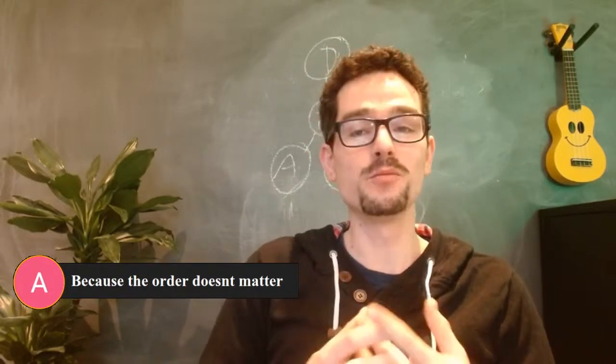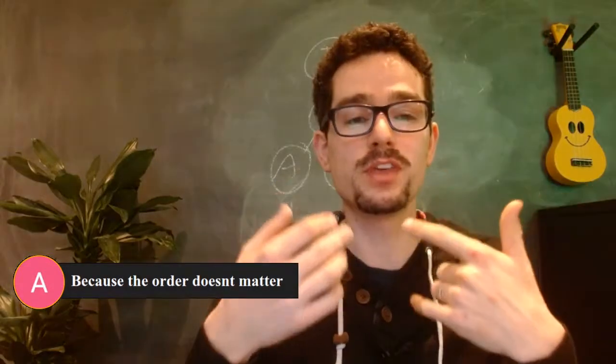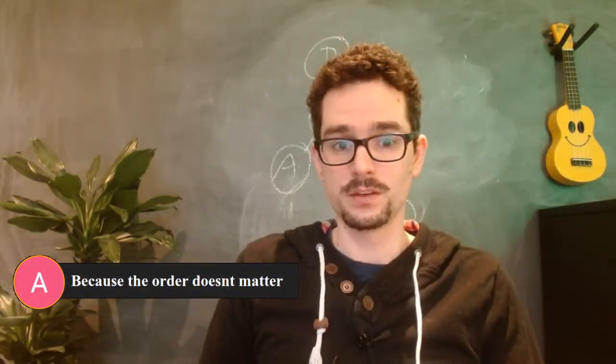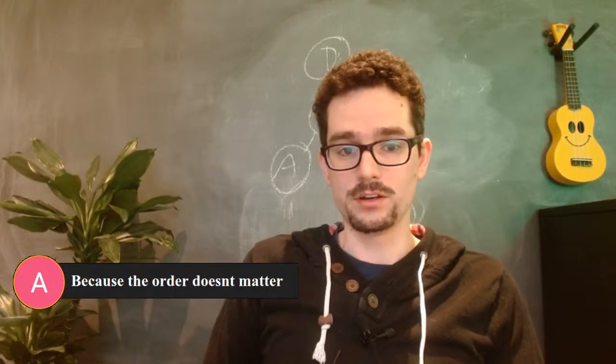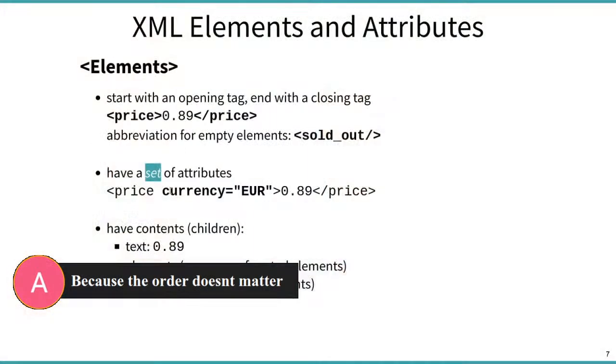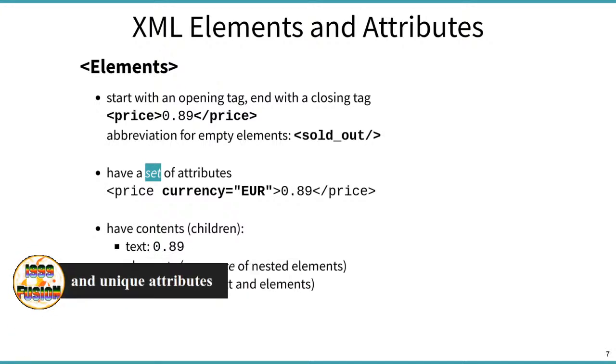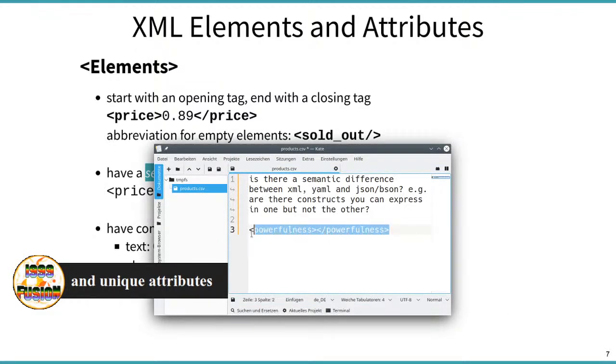So you can say give me the value of the attribute ID. They don't have an order. And unique attributes, exactly. So the names are unique. When the name is already taken, you cannot use it again.